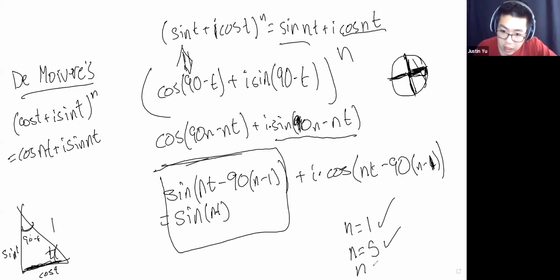So n equals 9, all the way down to n equals 997. So how many of these n are there? There are actually 250. Exactly 1/4 of everything.